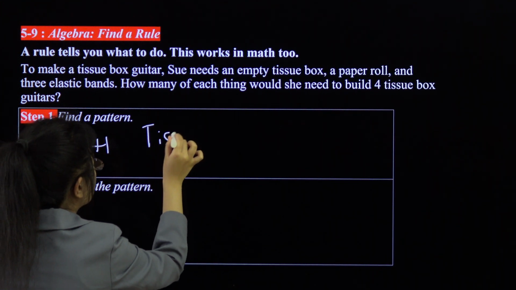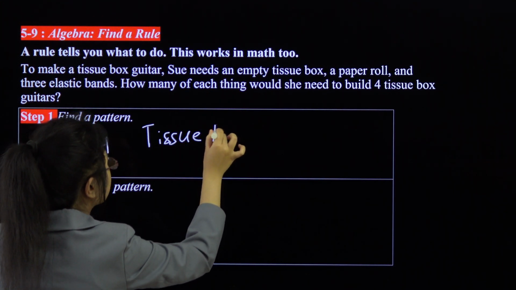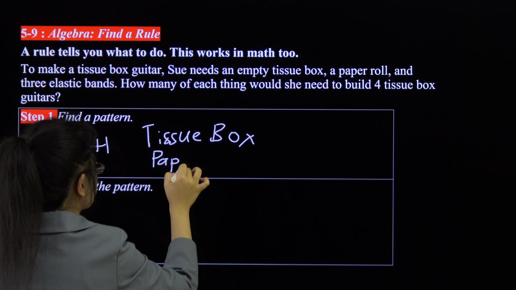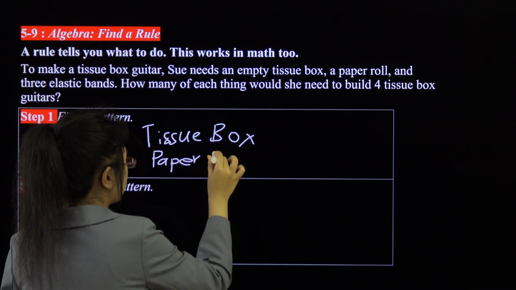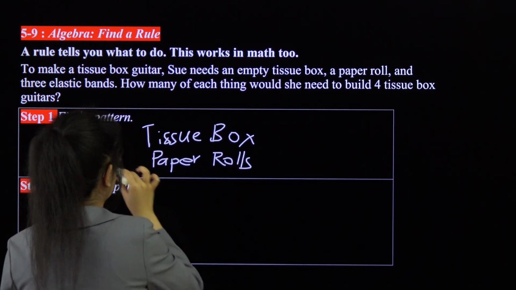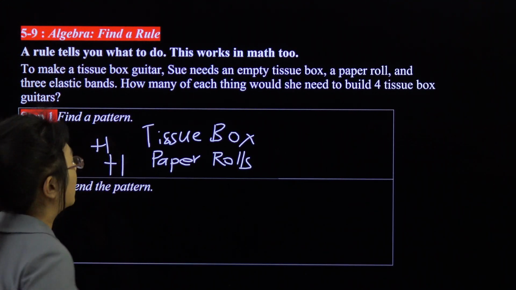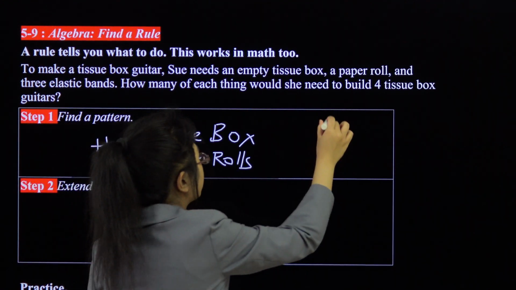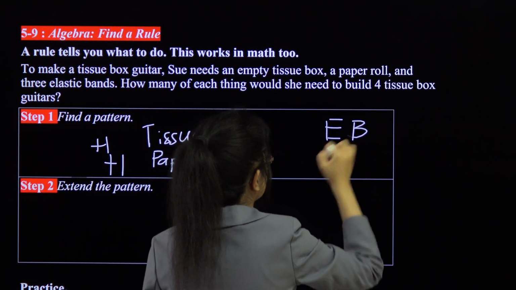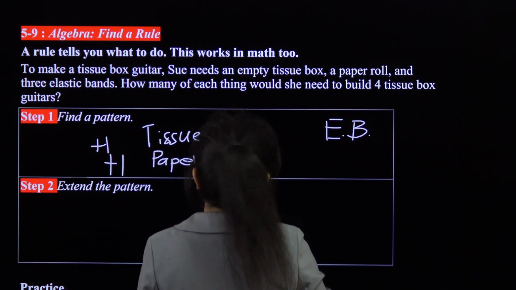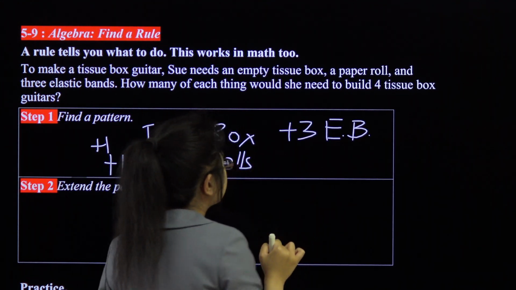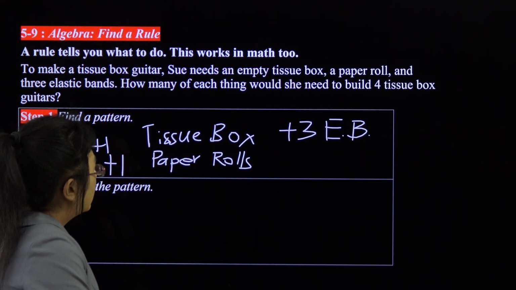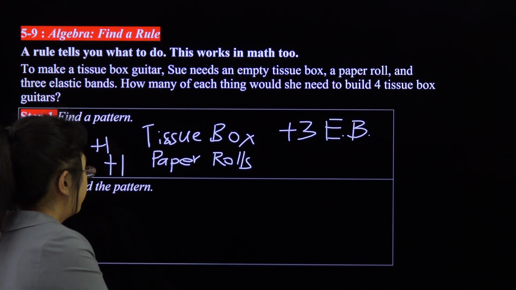For paper rolls, it's still just +1 since there's, well, 1 paper roll each. And for elastic bands, EB, it's +3 for each. So that's the pattern. Now we extend the pattern.